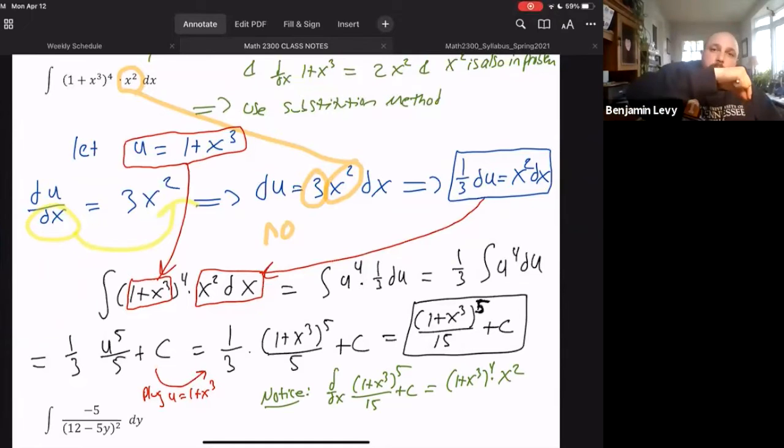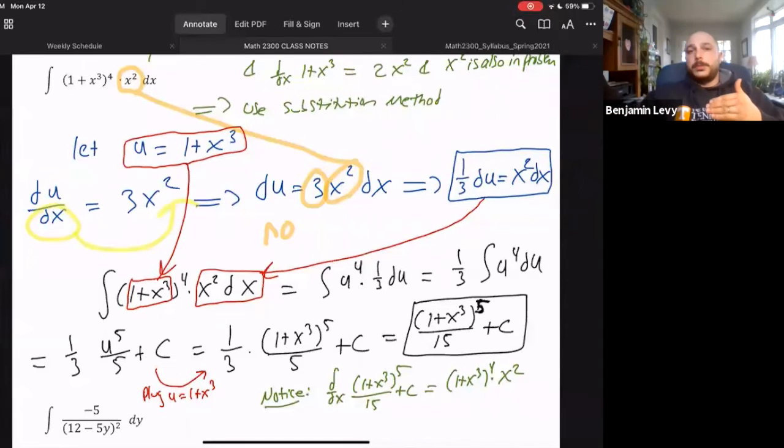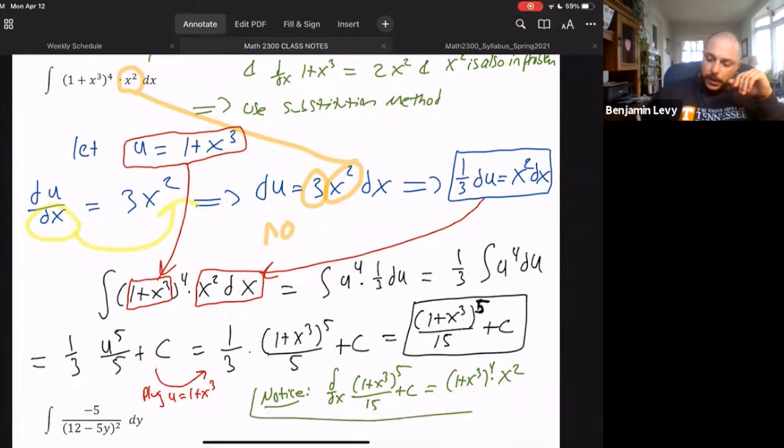Bring down the 5 and subtract 1 off the power. That'll give you the first term. And then the 5 and the 15 cancel into a 3, but then when you multiply by the derivative of the inside, it cancels that too. I know I'm kind of just spitballing it there, but just pointing out, hey, you can double check your work here and be sure that you got the right answer. And that is definitely something you should be able to do. Take the derivative of that thing I just wrote there. It's a chain rule, of course.